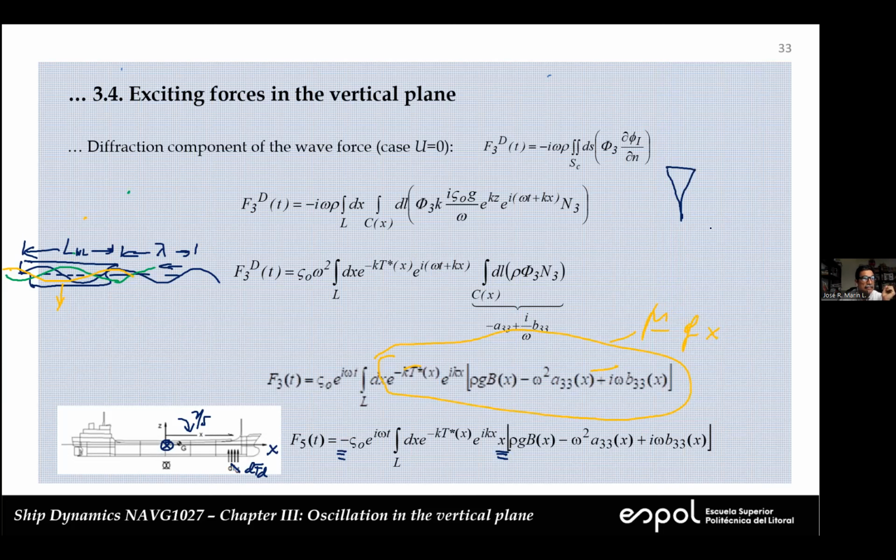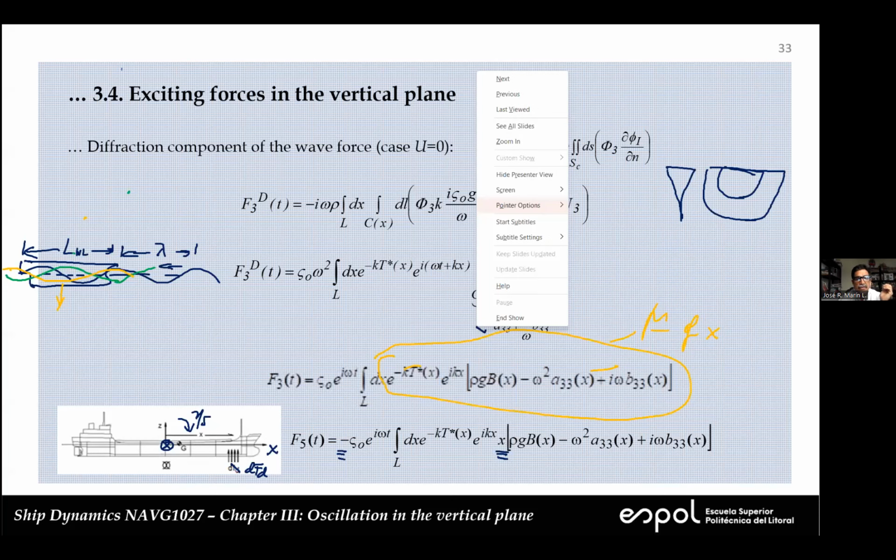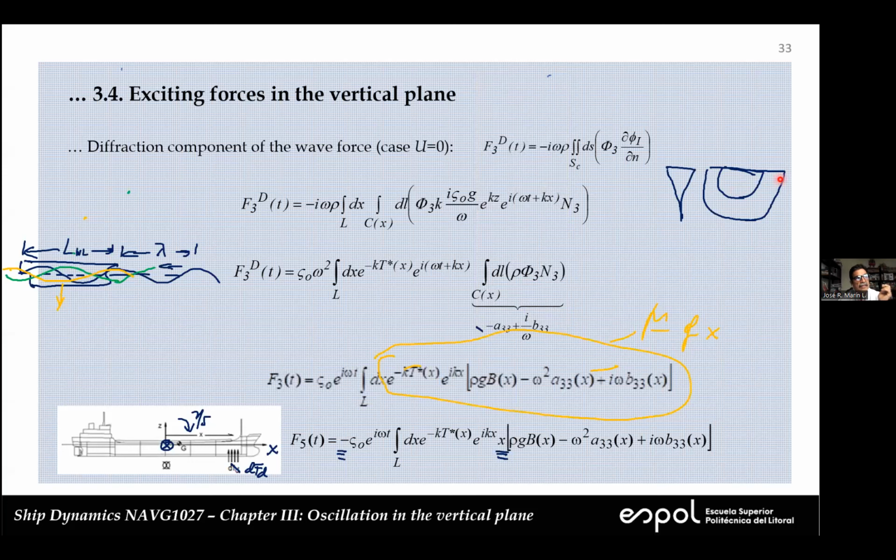So T star will change according to the position along the length of the ship. Definitely, the beam changes with the position. Added mass and the damping coefficient, A33 and B33, change according to the section. So basically everything inside here changes with the position along the length of the ship. There is nothing constant in general.